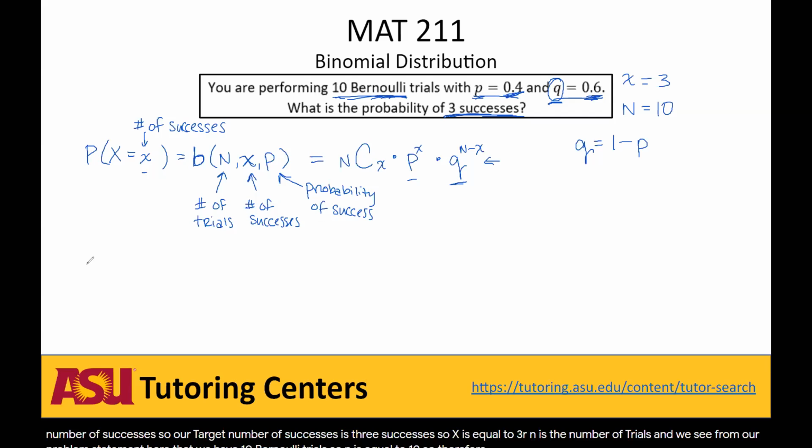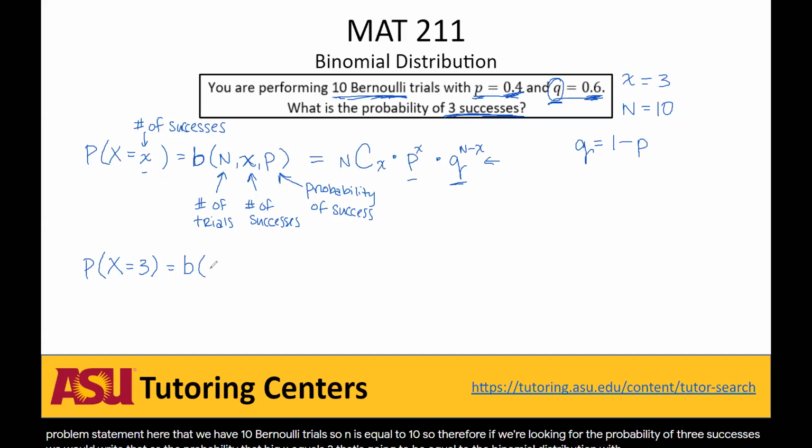So therefore, if we're looking for the probability of 3 successes, we would write that as the probability that big X equals 3. That's going to be equal to the binomial distribution with n equals 10, x equals 3, and p equals 0.4, which comes from up here.